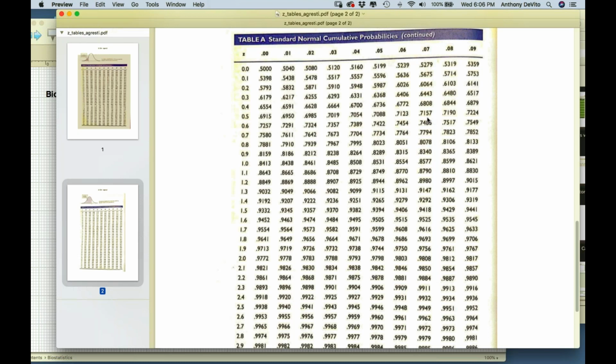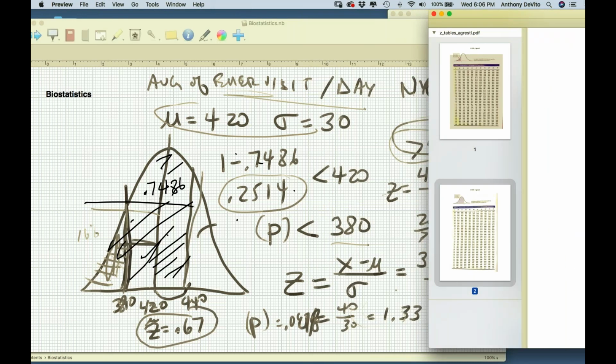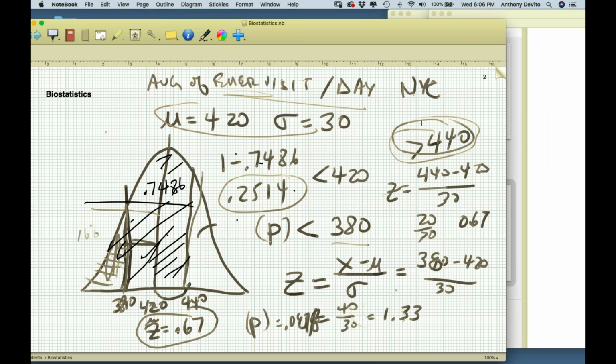That tells us that the area to the left of that z-score is about 75% of the distribution, right? Since I was looking for the percentage of the sample of the population that was higher than 440, I don't want the area below. I want the area above, right?